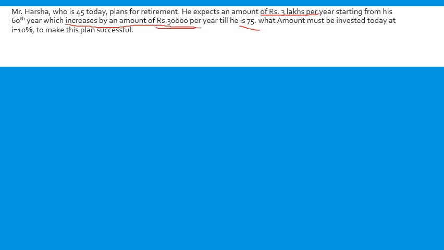So in a statement there will be two values. One, the first year's payment, second, the gradient amount. This is the difference between whether the value given is uniform series of payments or gradient series of payments. Since there are two values here, it is gradient series of payments.